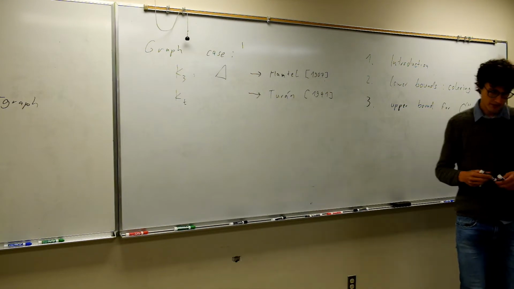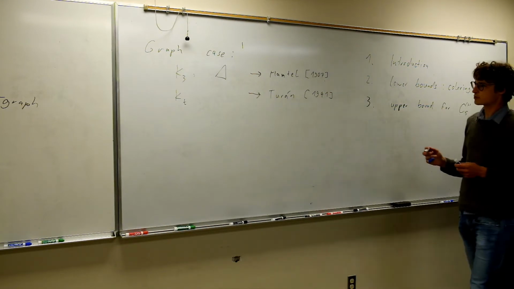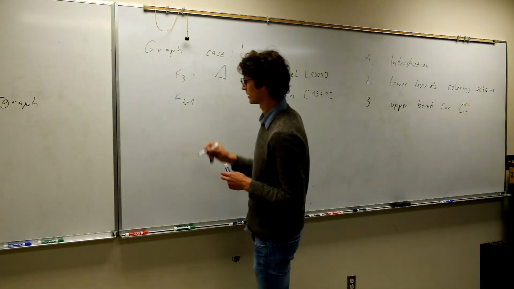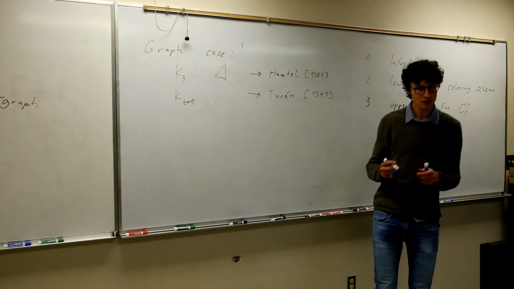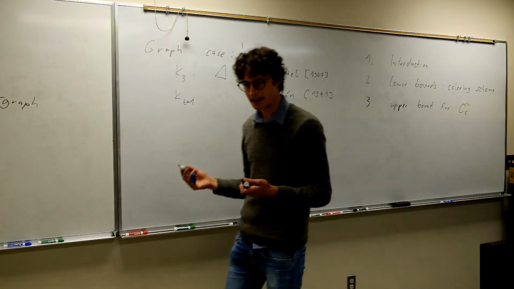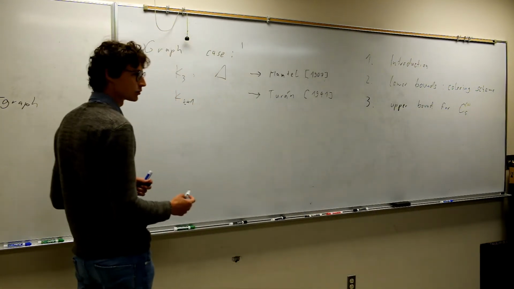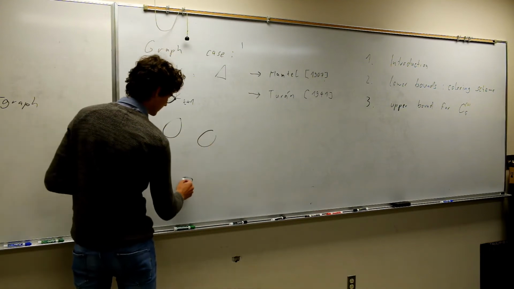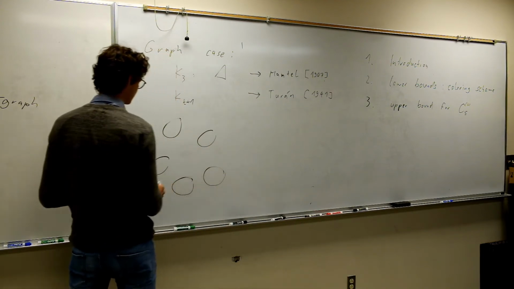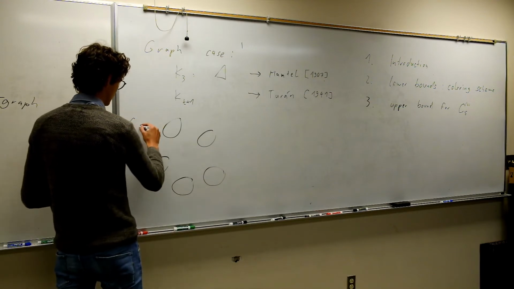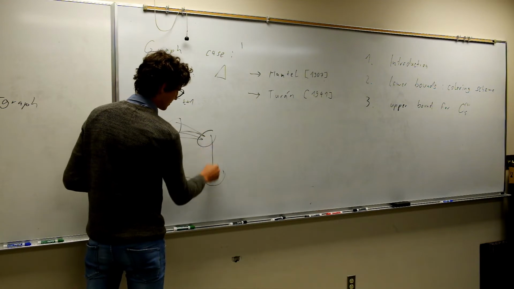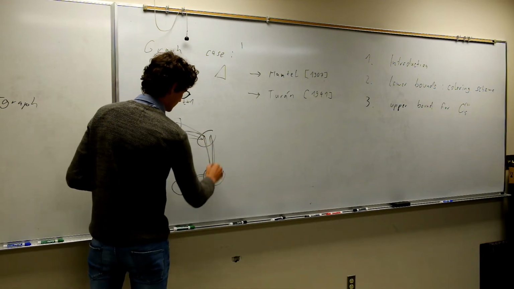So what's the solution of it? The solution, if we want K_{t+1}-free graphs, is the balanced t-partite graph. Meaning I choose my n vertices in exactly t sets, and I put all the edges in between everywhere.